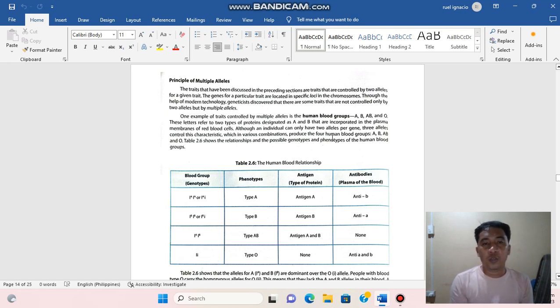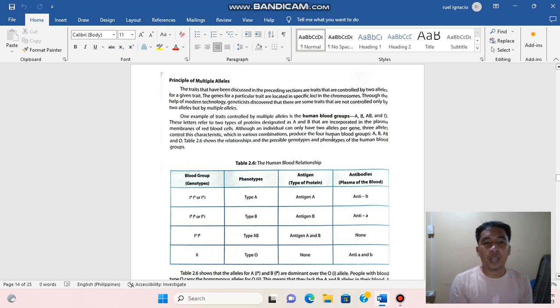Although an individual can only have two alleles per gene, three alleles control this characteristic, which in various combinations produce the four human blood groups: type A, type B, type AB, and type O.